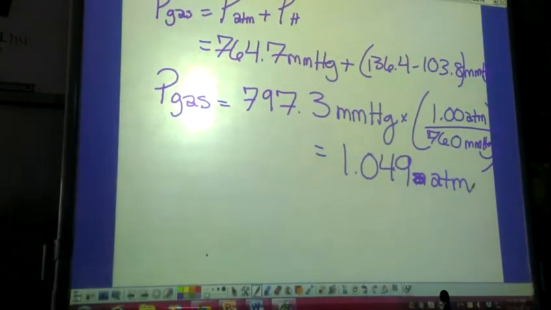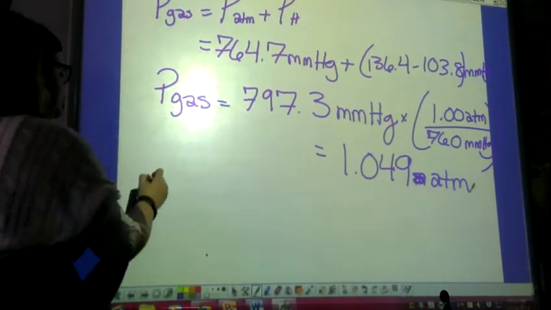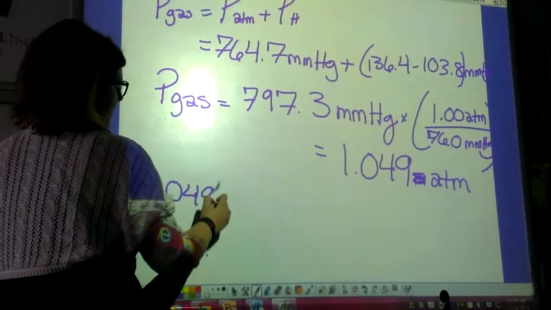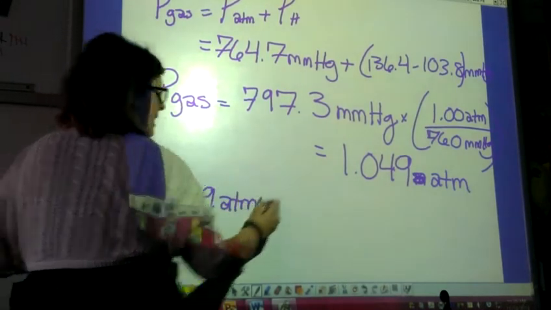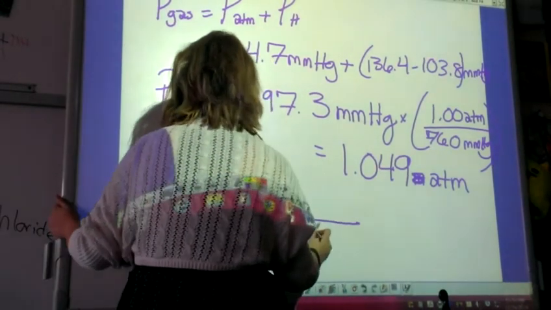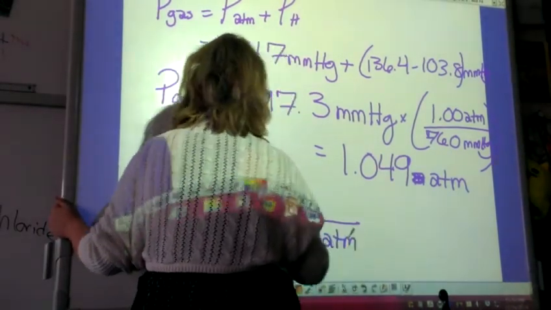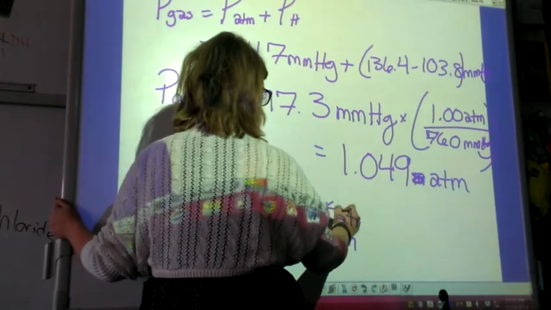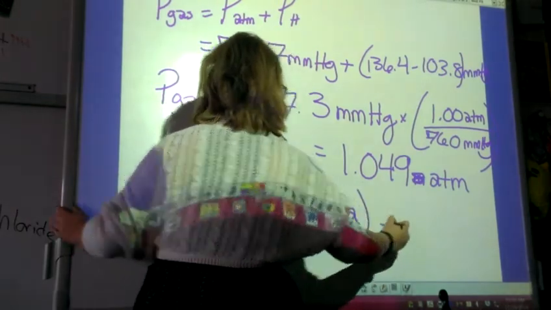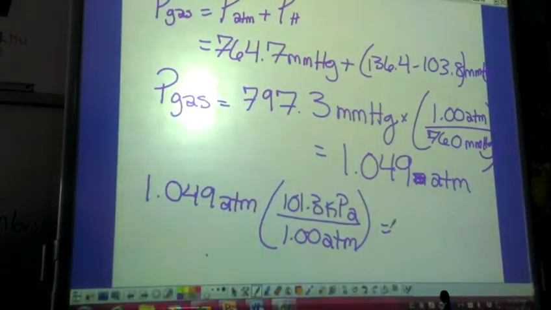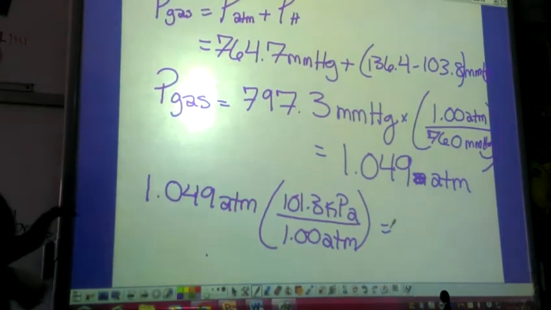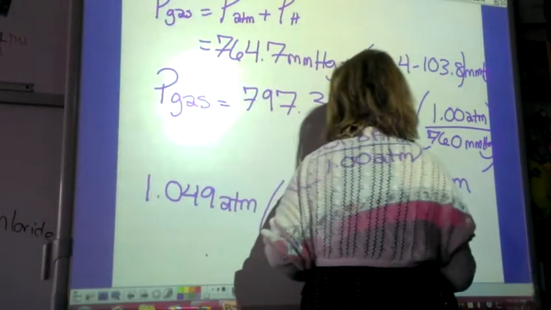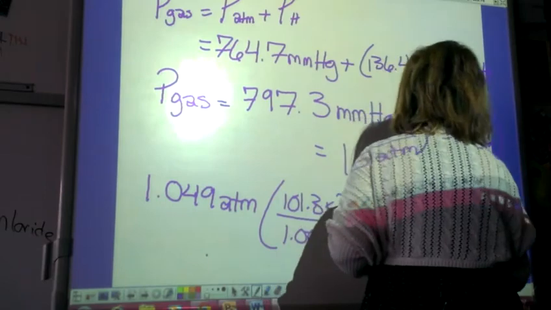Okay, but they also wanted it in kPa. So then I'm going to take that 1.049 atmospheres, and in 1 atmosphere, there's 101.3 kPa. So if I took that, then I should get 106.3, and that'd be kPa.